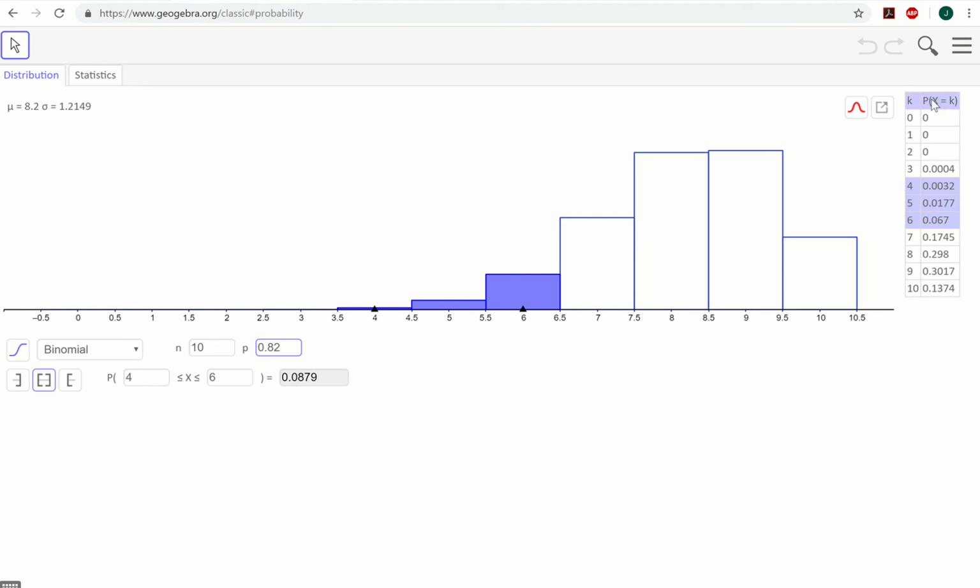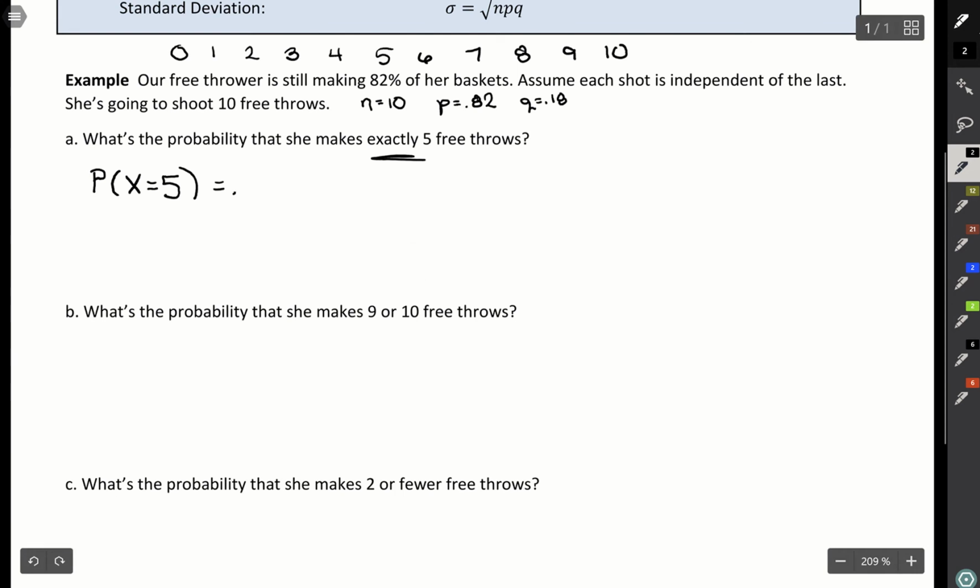So if I want to see where the probability of X equals 5, I just go down to 5, and that number right next to it is that probability. It's at 0.0177. So there's a 1.77% chance she makes exactly 5 free throws out of 10.